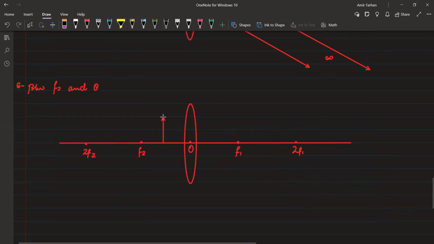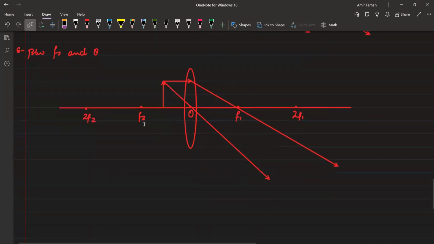Now the object is between F2 and O. So the first ray will be parallel to the principal axis and it will pass through the focus. In each case, the first ray should be parallel to the principal axis and will pass through the focus. Second ray will pass through the optical center. So all of you can see that these two rays are diverging. They are getting farther away from each other. Got it?